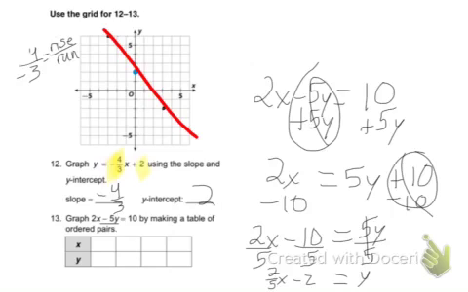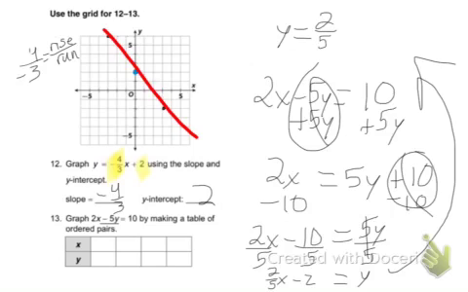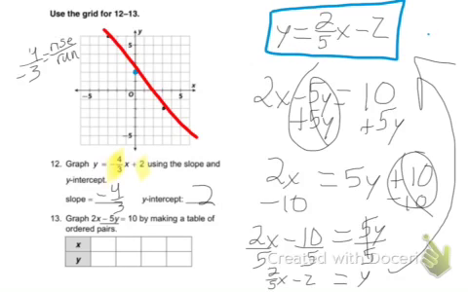Now I'm going to rewrite this in the form that we're used to seeing: y equals 2/5x minus 2. So here is our equation for number 13.